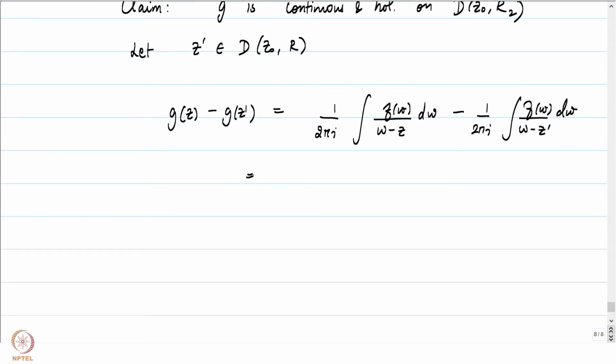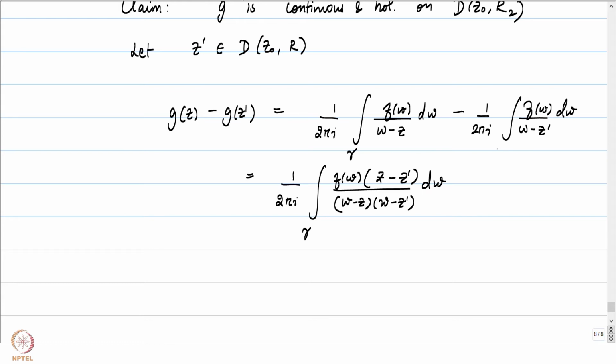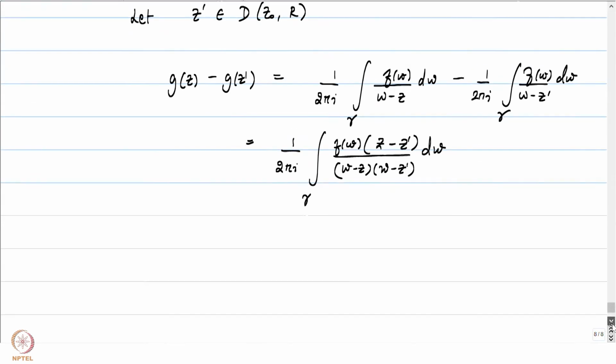And if you write that down explicitly, this is going to be 1 by 2 pi i integral f of w is going to be common times w minus z prime minus w minus z, which is z minus z prime, by w minus z times w minus z prime dw. This is precisely what the integral is going to be.